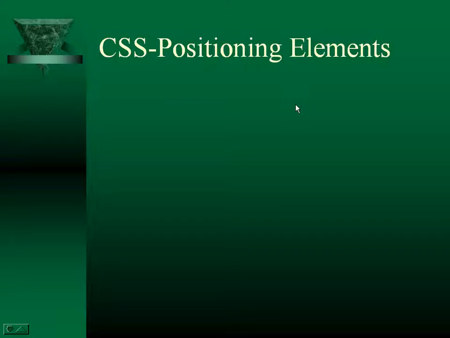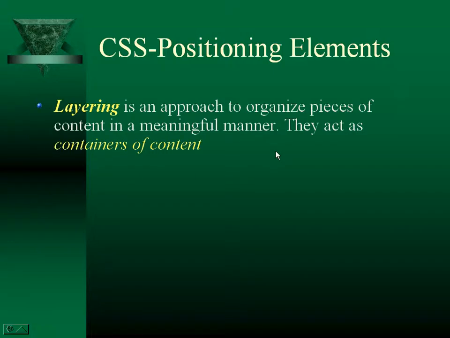Then coming to the next topic, positioning elements using cascading style sheets. Dividing an HTML page into layers is an approach to organize pieces of content in a meaningful manner. The layers act as containers of content.